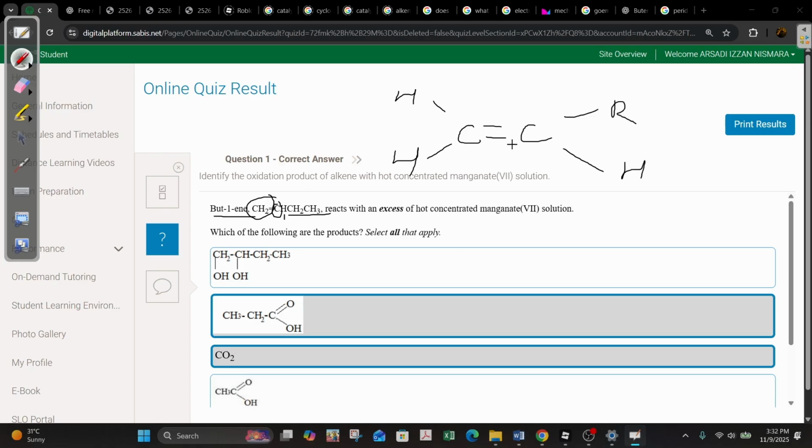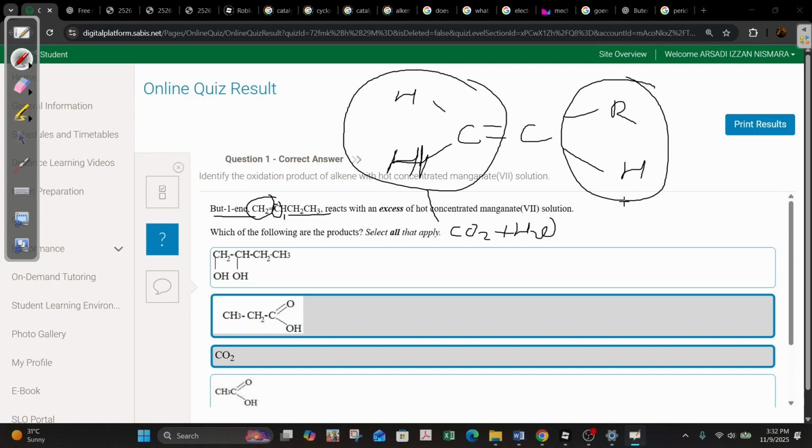Reacting this side with KMnO4 will give you CO2 plus H2O.